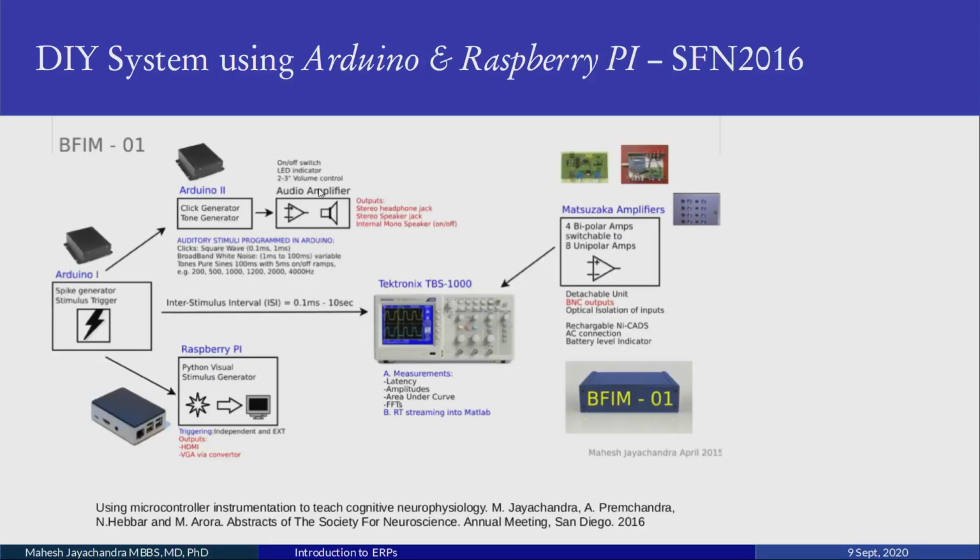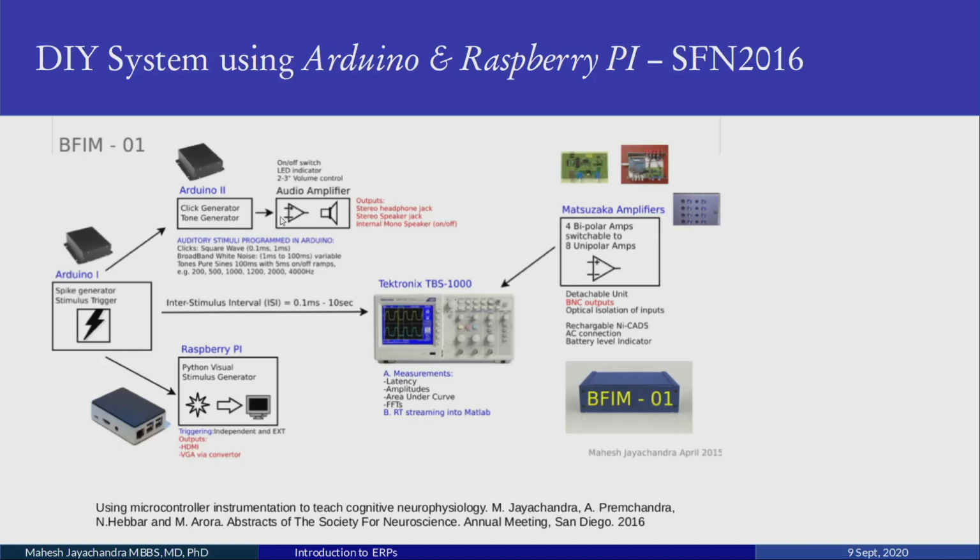Now all these systems are very expensive. Typically they cost $50,000 to $100,000. So you can also build it yourself, using a judicious combination of Arduino and Raspberry Pi. Our group presented a circuit where we used an Arduino to generate the trigger, and then another Arduino to generate clicks or tones, and that goes through an audio amplifier, and the outputs are a stereo headphone or a speaker heard by the subject.